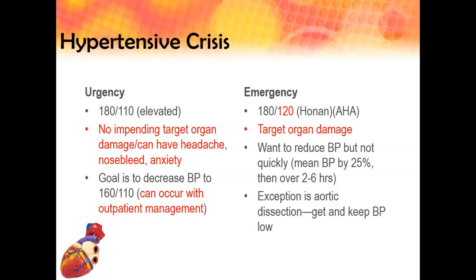Once the diastolic is 120 or greater, it typically goes along with target organ damage. You want to reduce the blood pressure, but not quickly, usually by 25% over a 2 to 6 hour period. The exception is if a person is having an aortic dissection; you want to get and keep the blood pressure low.